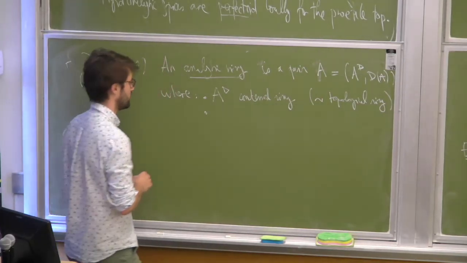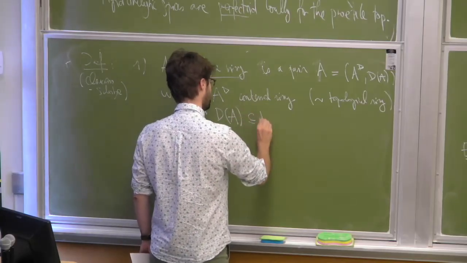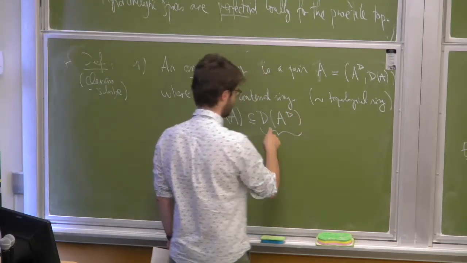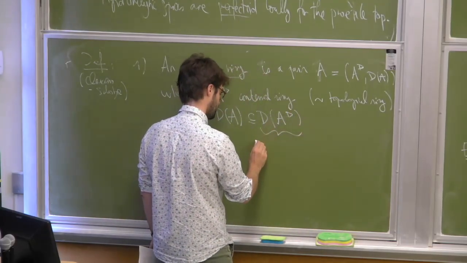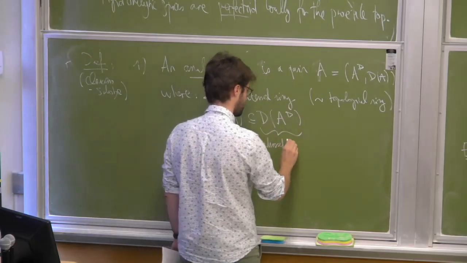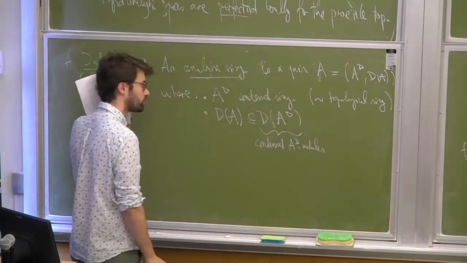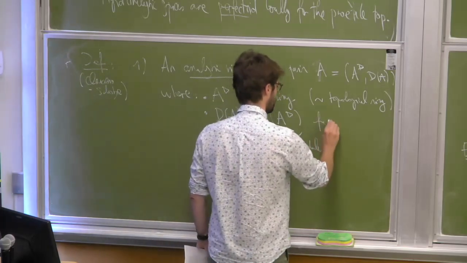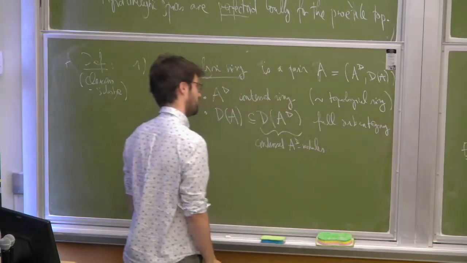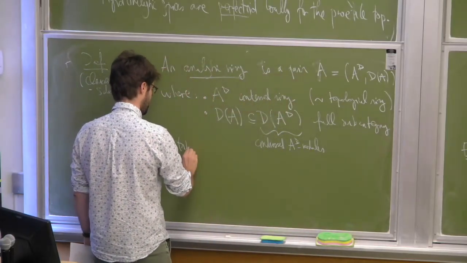And then you have a certain derived infinity category 𝒟, which will be a full subcategory of the derived category of condensed modules over the condensed ring A. And it has, of course, to satisfy certain properties, but maybe I just mention that it is stable under limits and colimits.